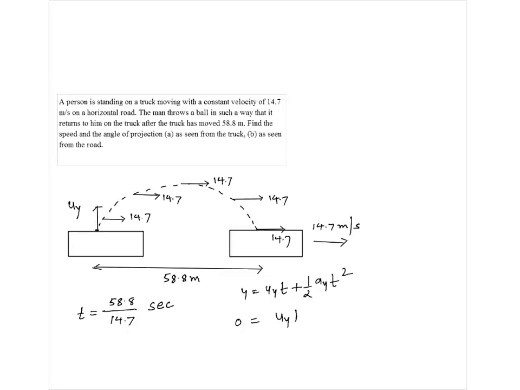Ay is minus g. So uy will be half gt. Put this t, put g, and calculate this and see if you are getting around 19.6.